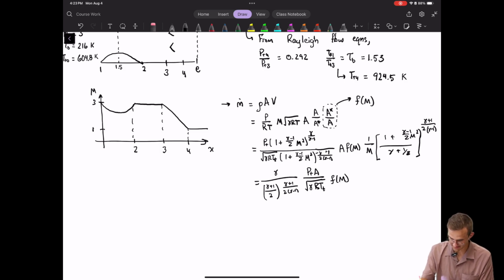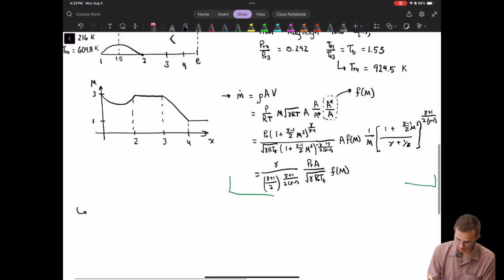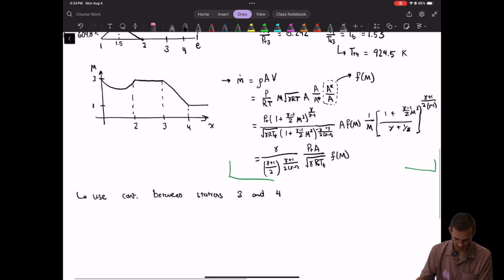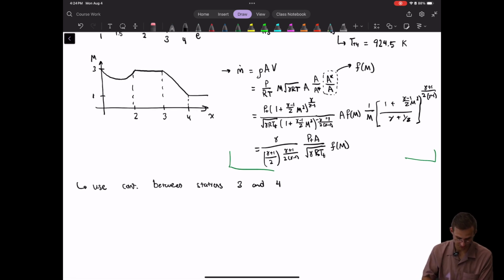Okay, so that's actually a little bit of an aside, this box here. It's like a derivation. But what we will do is use continuity between stations 3 and 4. And we're effectively assuming that the mass flow rate injection is really small here, so we're saying they're equal.